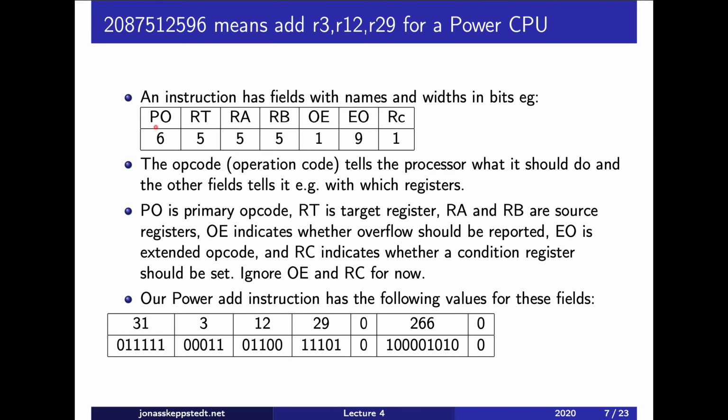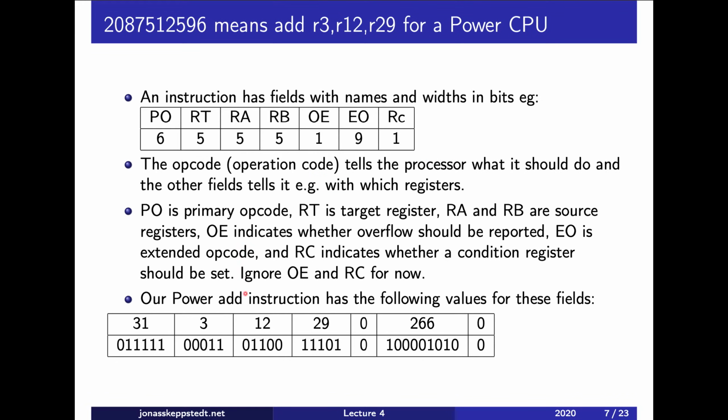If this primary opcode contains the number 31, it tells the CPU that it should look at these bits to see exactly what it should do. So the decimal number 266 says to the processor that it should perform an add with 2 integer registers.